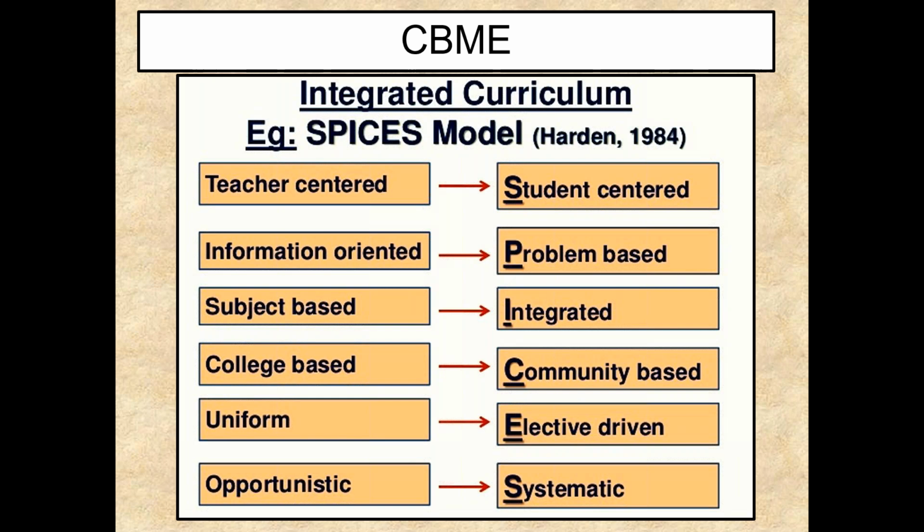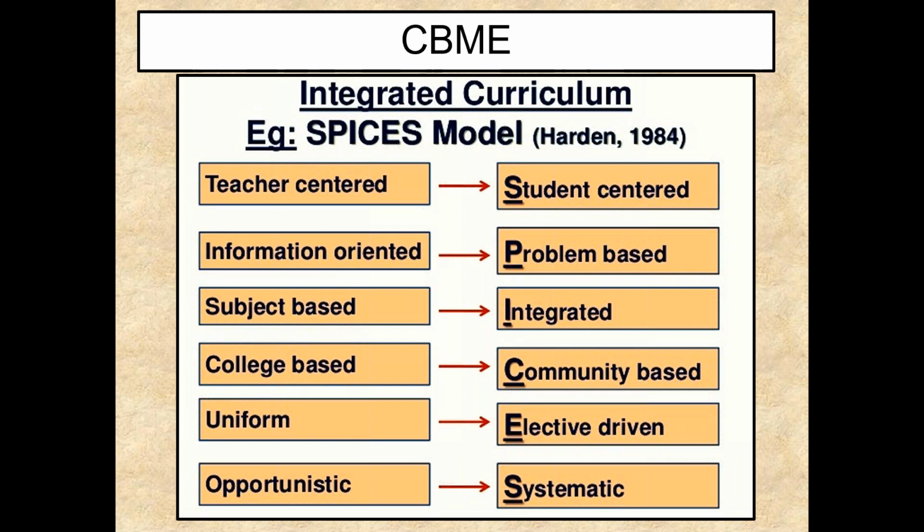As I highlight all these differences between the traditional and CBME curriculum, I would also like to emphasize some important changes in the learning process. In the CBME curriculum, the learning process is a shared responsibility. Both teacher and students share the responsibility.